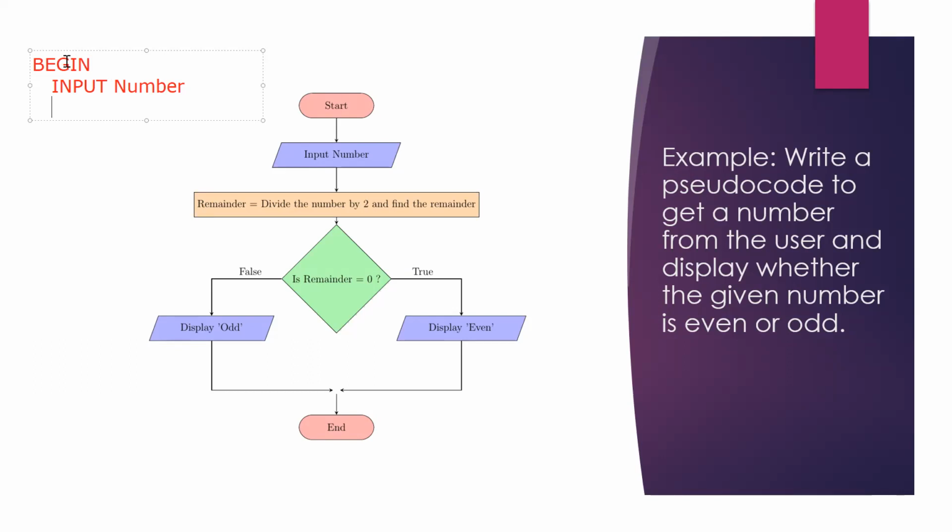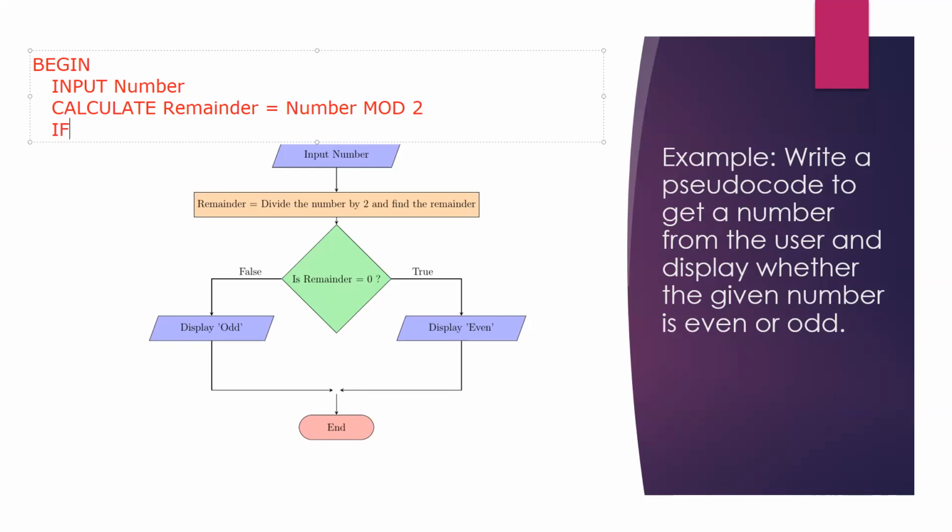So that means it's a process, which means we have to say calculate remainder. You can write the same thing we have written here. Let me put some mathematical form. So this is how we will write. We can say number, and there's a mod operator. Mod means modulus, which means you divide the number by 2 and get the remainder. So the remainder is either 0 or 1.